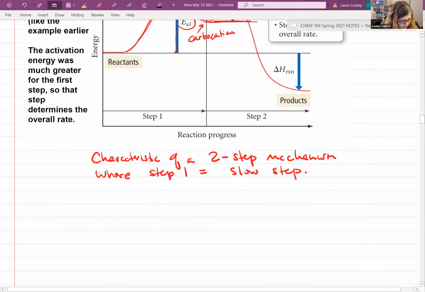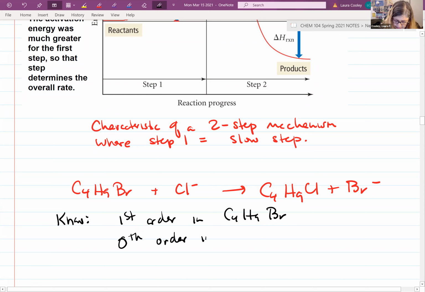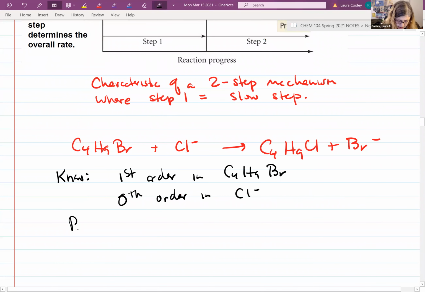So we have this reaction, C4H9Br plus Cl minus goes to C4H9Cl plus Br minus. And we know from experiments that it's first order in C4H9Br, and it's 0th order in Cl minus, so that the rate law is k[C4H9Br].